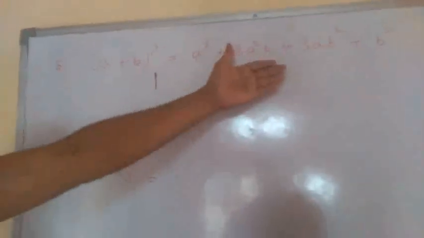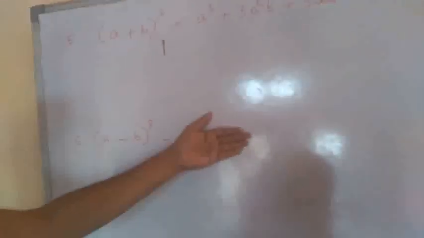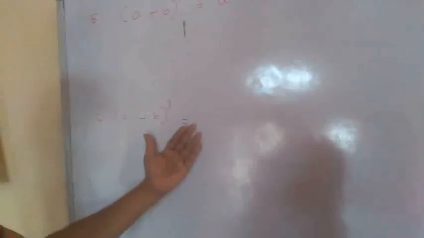And for (a minus b) whole cube, like you have in (a plus b) whole square and (a minus b) whole square, the terms were the same: a square, twice ab and b square, but the difference is in the sign. So similarly here also, whatever are the terms for (a plus b) whole cube, all the terms will be the same for (a minus b) whole cube.